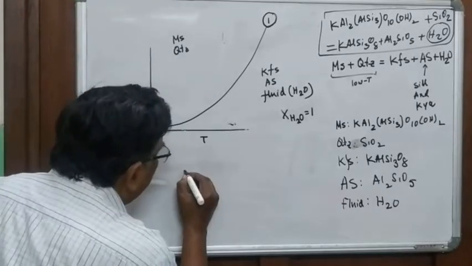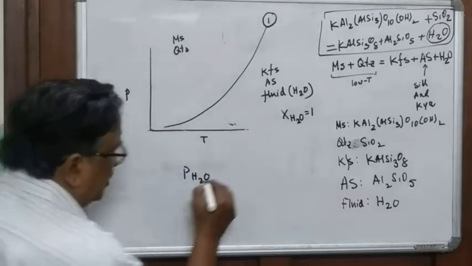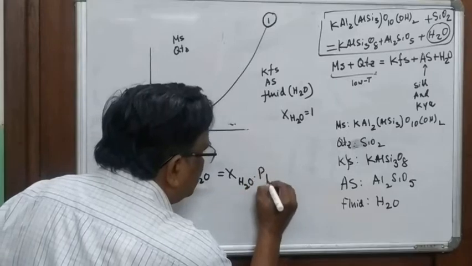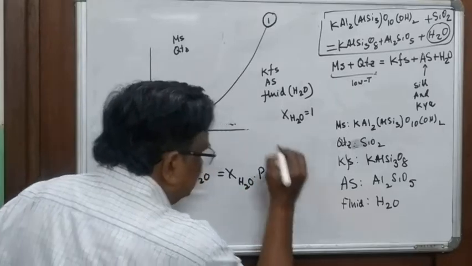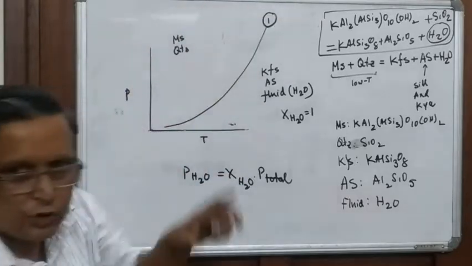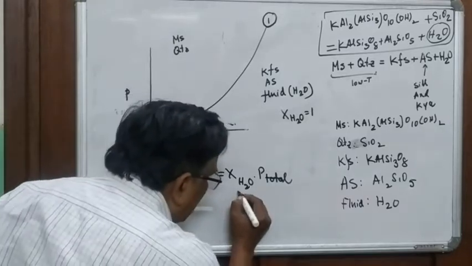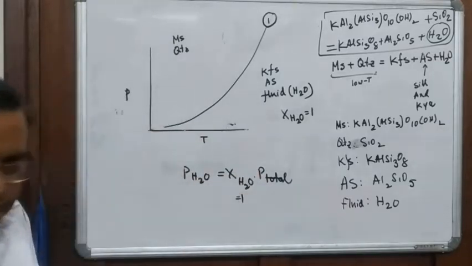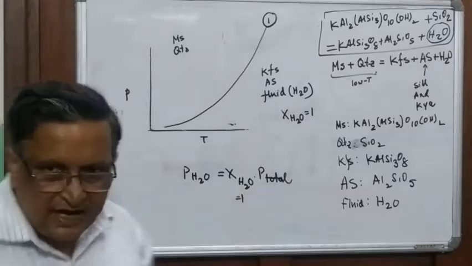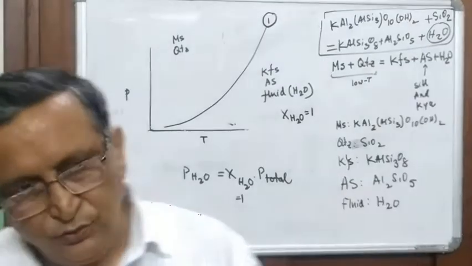pH2O, the partial pressure of H2O, is equal to XH2O times P total. P total is the lithostatic pressure and pH2O is the partial pressure. At XH2O equal to 1, the partial pressure of H2O is the same as the overload pressure. Have you understood?